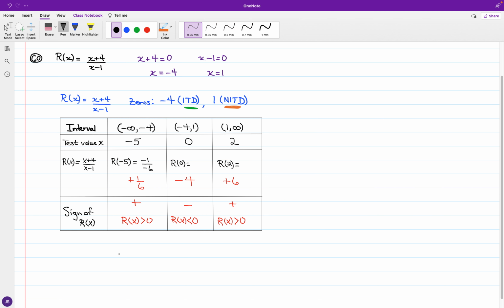Okay, so for what we have in the case of part A in number 60, the inequality, we have the arrangement in a bit of jumbled order. And so we have x plus 4 over x minus 1, and this is said to be less than or equal to 0.